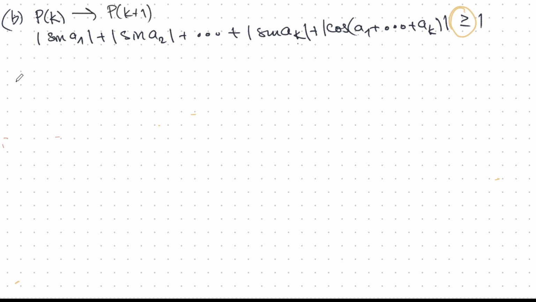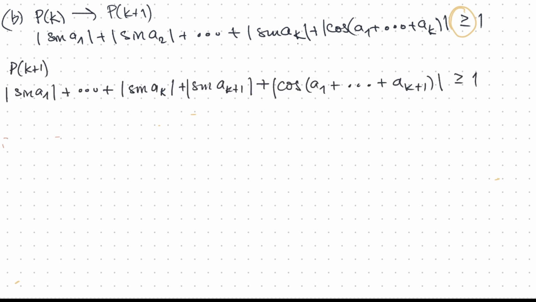All right, but what does Pk+1 look like? It's like this. I've added this term here, and I've added this term over here. So what we want to do is in some way use this fact to prove this. This I don't really know, so I put a question mark. But how can we do that?